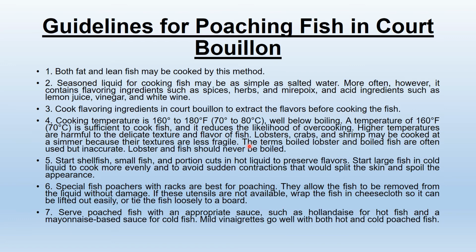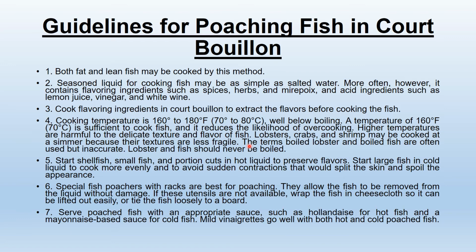Okay, so point number 6, very important as well. If you're going to be doing this, it is best if you have a rack for poaching, because like that it is going to be easy for you to remove the fish, and the liquid is not going to be damaging the texture of your fish and the appearance as well.